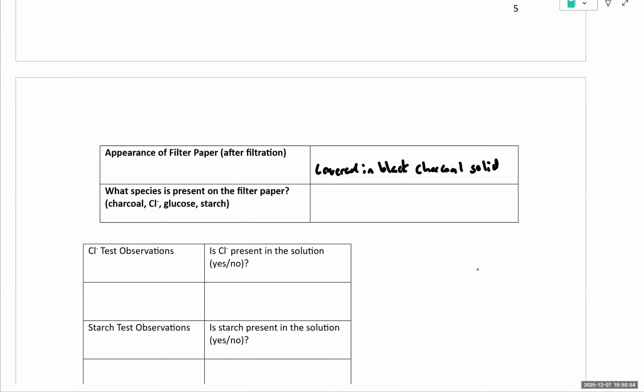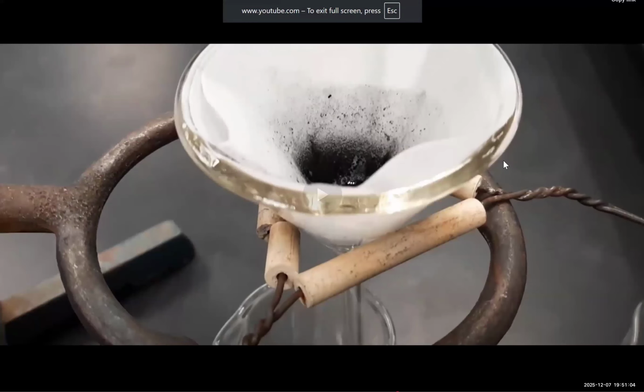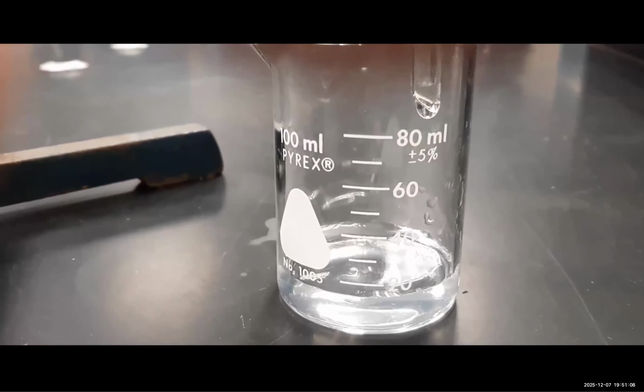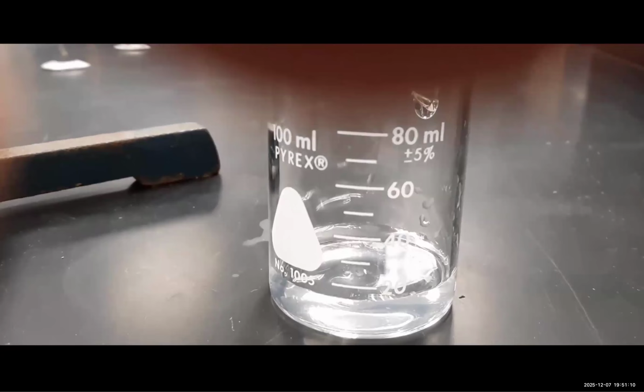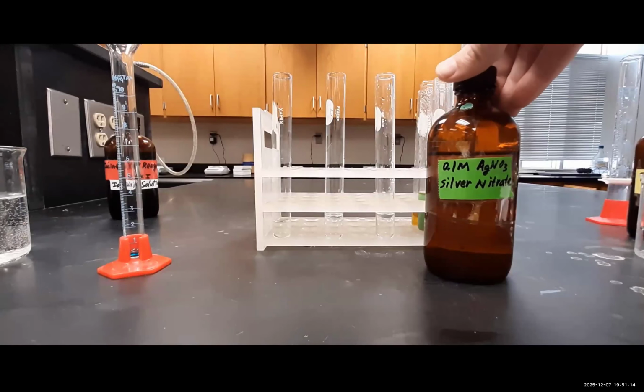Okay, so what species is present on the filter paper? The charcoal appears to be trapped by the filter paper. We can tell that as well because the solution, after it passes through the filter, is completely colorless. So as you can see, we could use filtration to separate the charcoal from the other components.